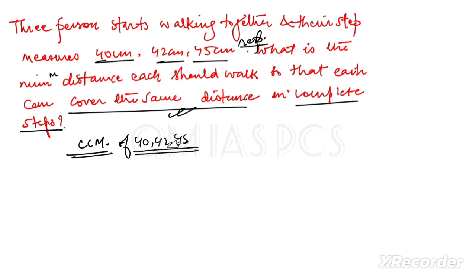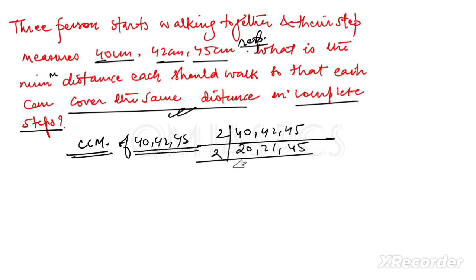I have told you that for LCM we just do the prime factorization of the given numbers. So taking 2, it is 20, 21, 45. Taking 2 again, it will be 10, 21, 45. Now taking 3, it is 10, this is 7, this is 15.